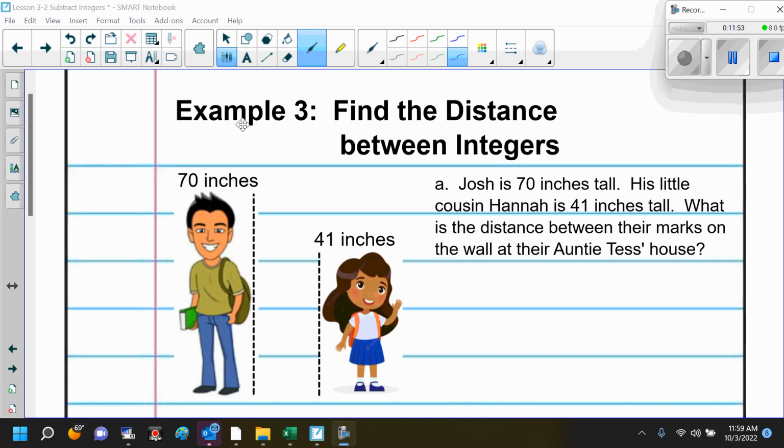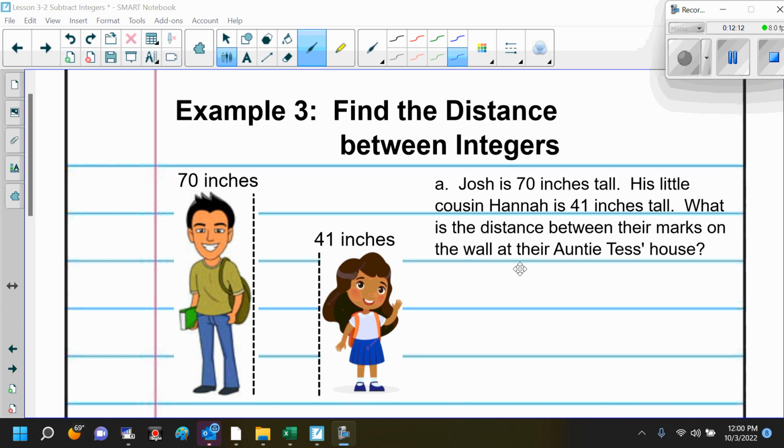So example 3 is find the distance between the integers. So here it says Josh is 70 inches tall. His little cousin Hannah is 41 inches tall. What is the distance between their marks on the wall at their Auntie Tessa's house?